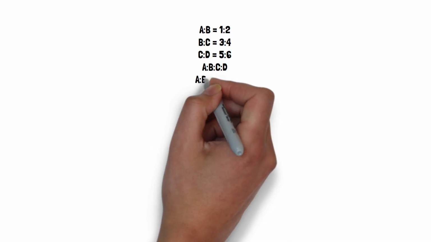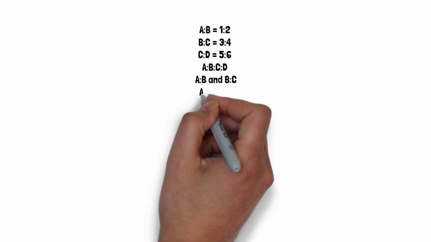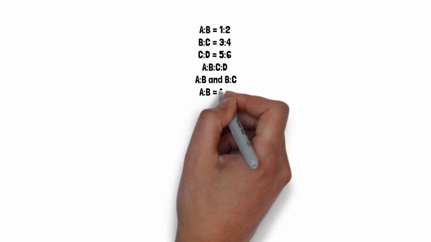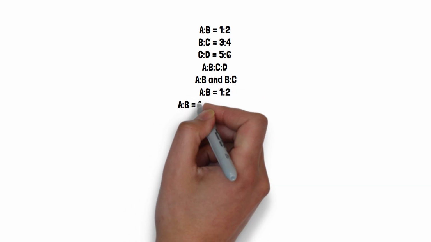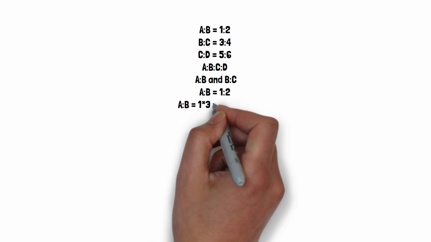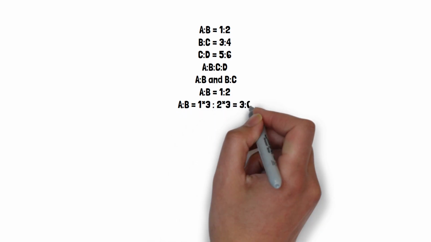Let's scale up the A is to B ratio by multiplying both sides by 3, and the B is to C ratio by multiplying both sides by 2. A is to B is equal to 1 is to 2, and after multiplying them by 3, we get A is to B is equal to 3 is to 6.